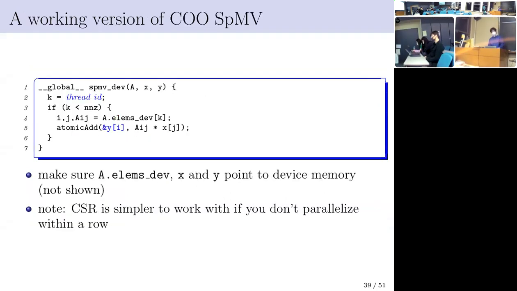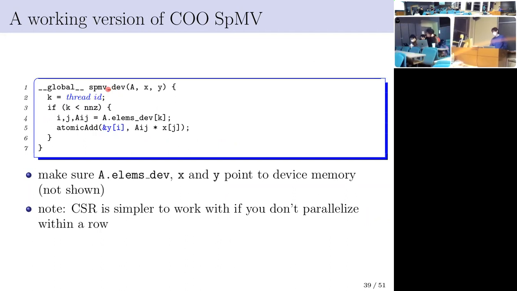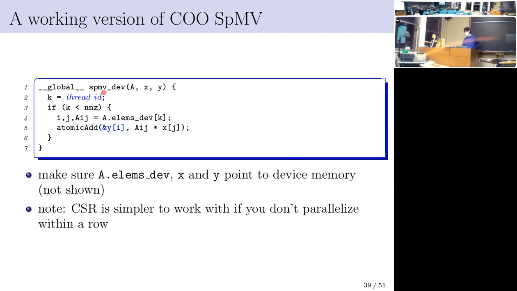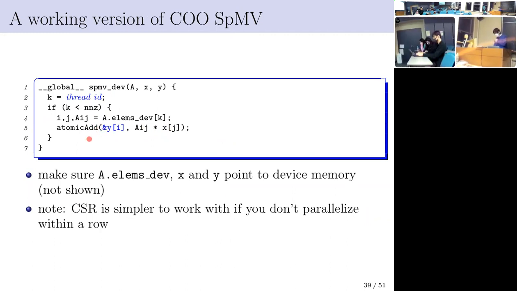So this is in many cases useful. And you can make our example coordinate this version of sparse matrix vector multiply just by replacing this y_i plus equal a_ij multiplied by x_j by atomic add. Right?